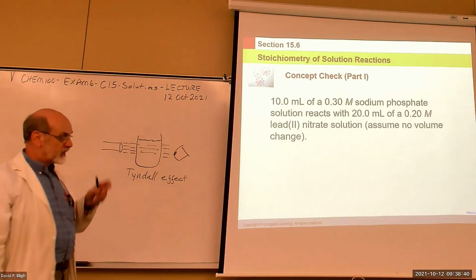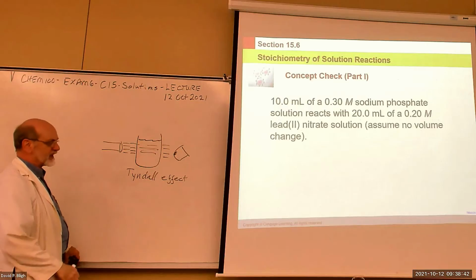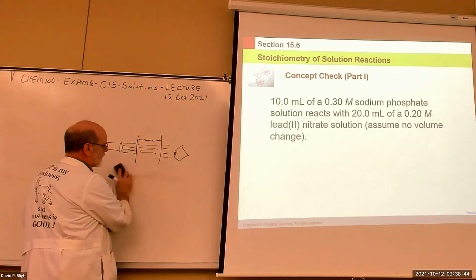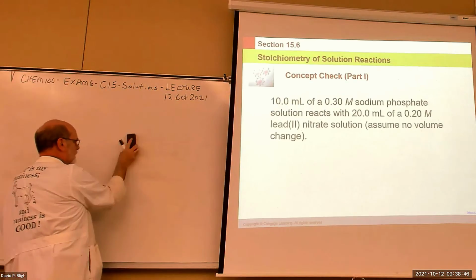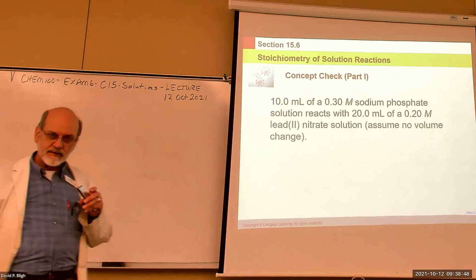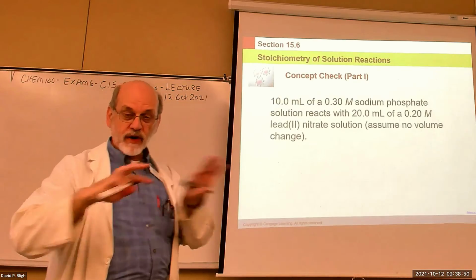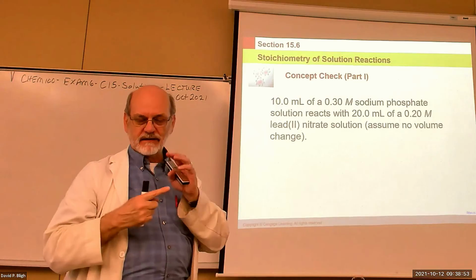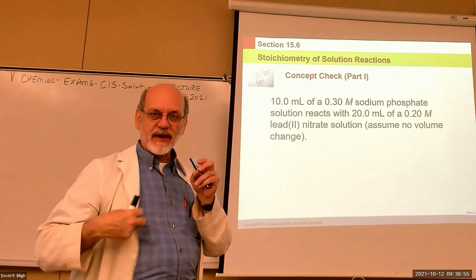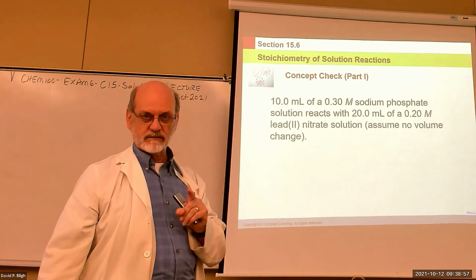Okay, so we know we have two solutions that we're going to put together. And when we do that, sometimes those ions that break apart recombine into compounds that are not soluble.